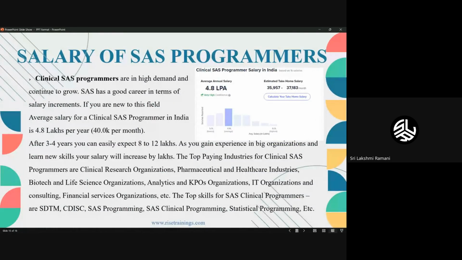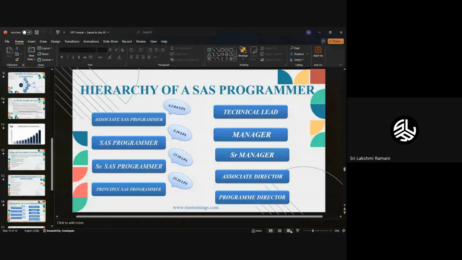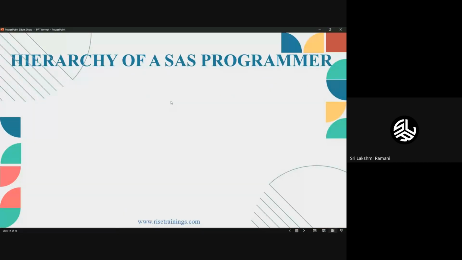And the most awaited topic: the salary of clinical SAS programmers. I already mentioned salaries in the previous slide. In the starting stage itself, you can earn a minimum of 4.2 LPA to 8 LPA.